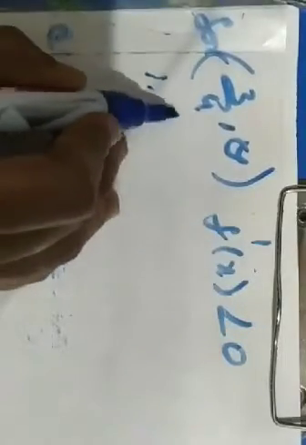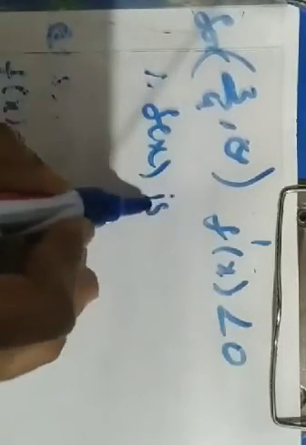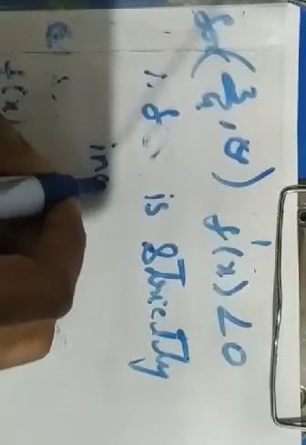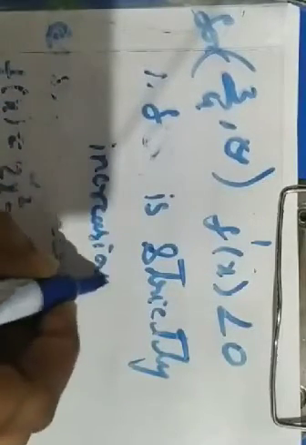Therefore f is strictly increasing for 3/4 comma infinity.